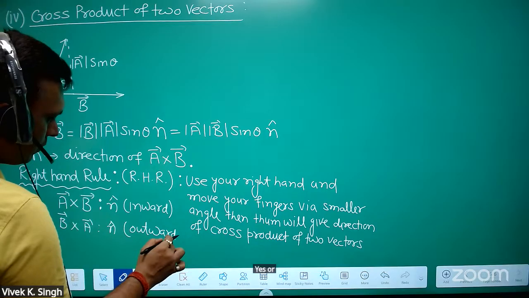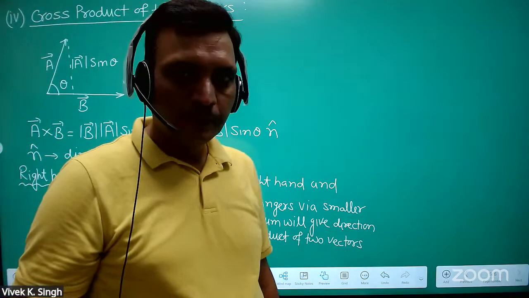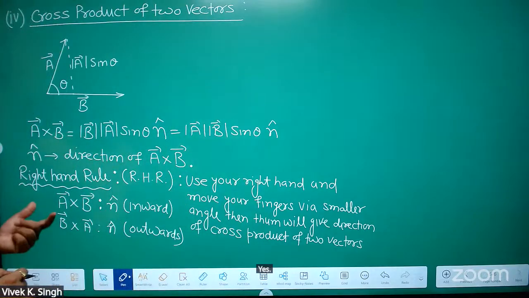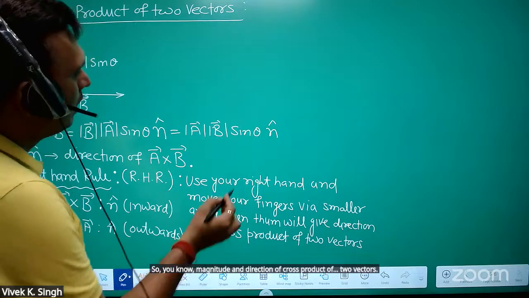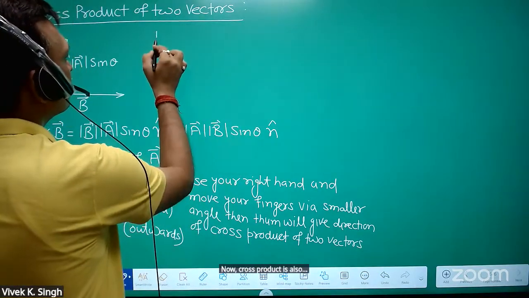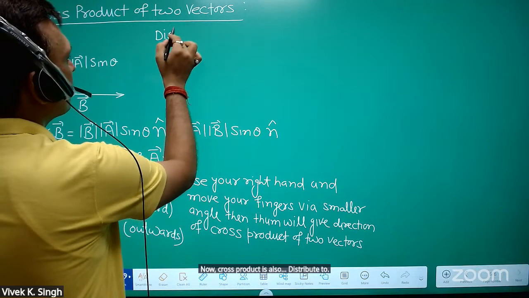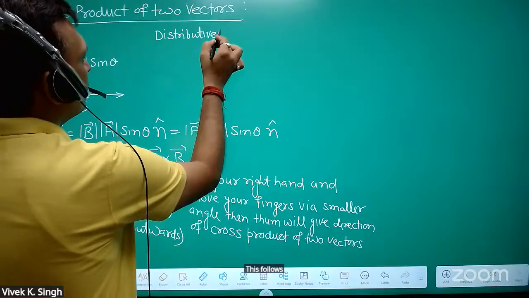Yes or no? Yes, sir. So you know the magnitude and direction of the cross product of two vectors. Now, the cross product follows the distributive law.